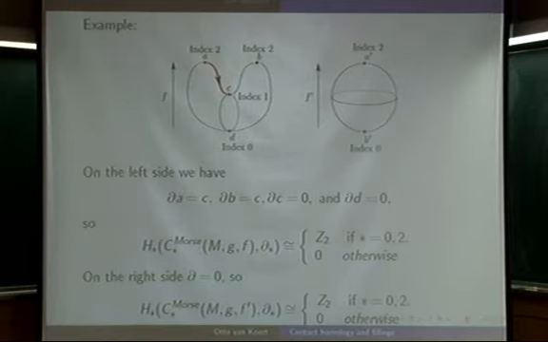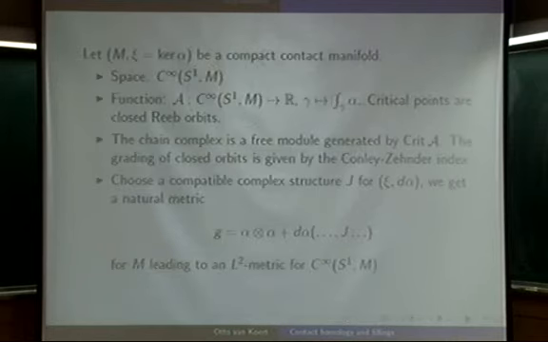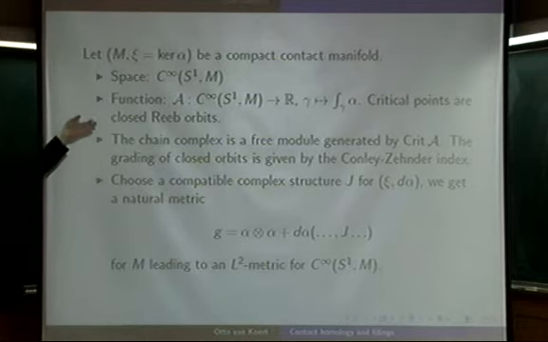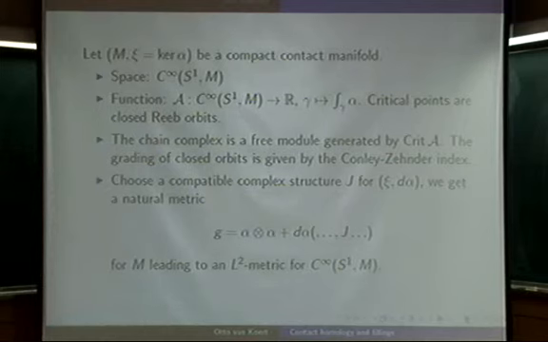Okay, so now the next step is to follow this scheme, but for a different functional and a different space. The new setup is: we start with a compact contact manifold, with a contact form, and then we look at the space of smooth loops in M. As the function we take this functional, which maps every smooth loop to the integral over alpha.